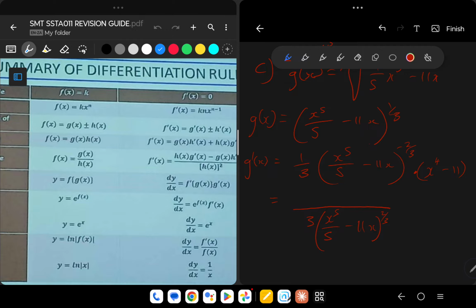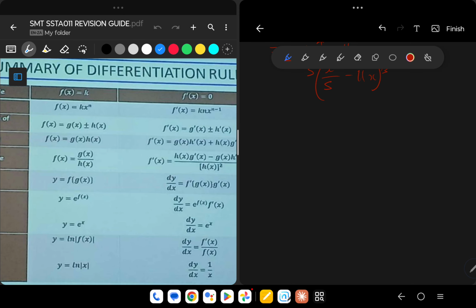You can also introduce a square root or a cube root here if you like. And then we multiply by x to the power of 4 minus 11. This is the same as multiplying 1, which is the numerator, times x to the power of 4 minus 11. So that is just going to be x to the power of 4 minus 11. So this will be your final answer.